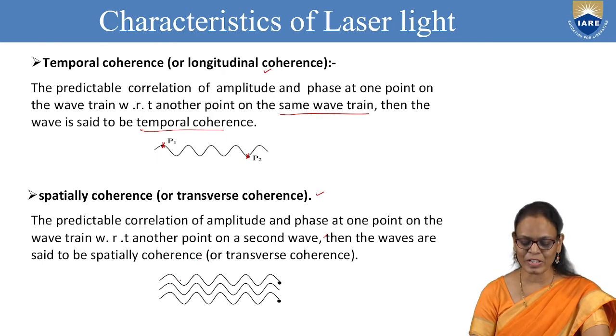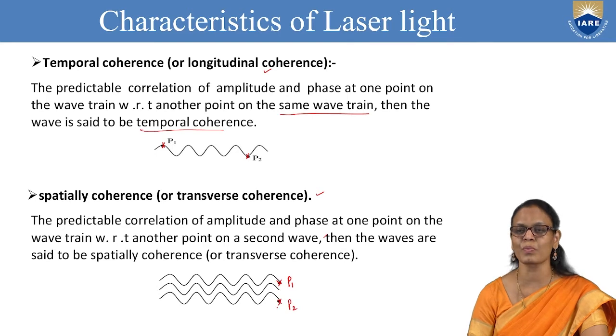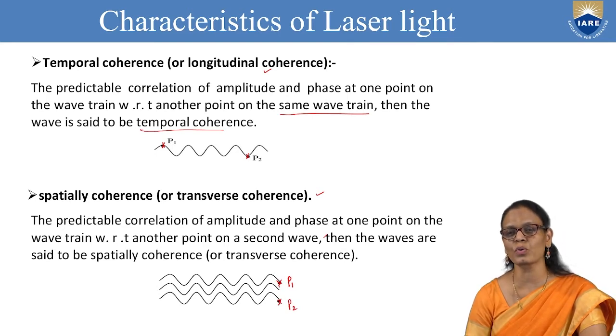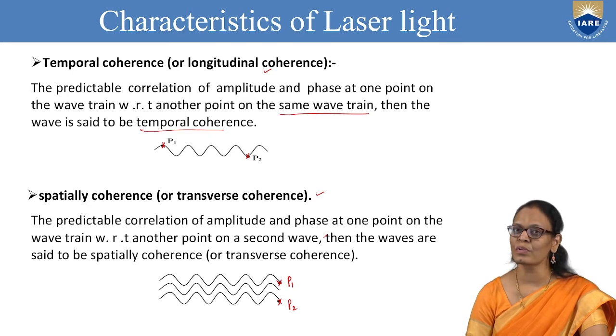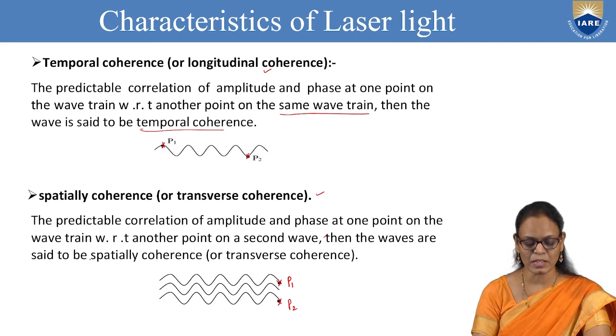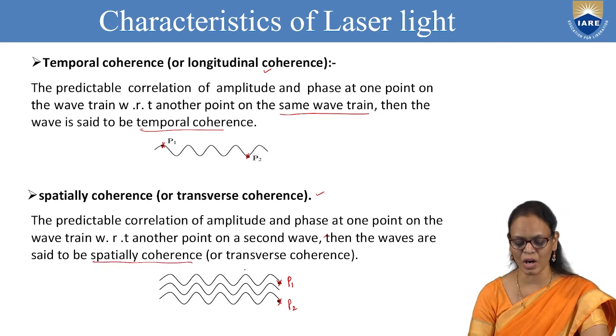Here we talk about one point P1 on the first wave and another point P2 on the third wave. So we are talking about two different points on two different waves. If these two waves are in correlation of amplitude and phase, then we say it is spatial coherence, or transverse coherence.